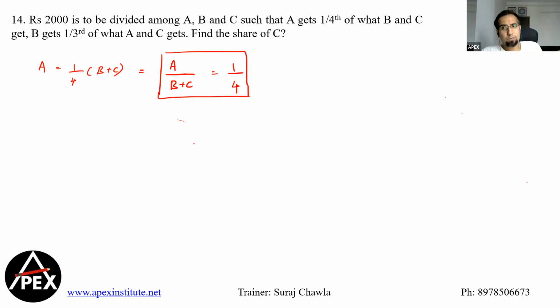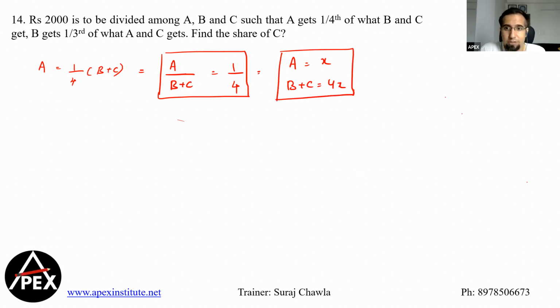Okay, guys. Now, if A by B plus C is 1:4 here, now what am I looking at? Let's see this. So if I look at it this way, can I write A is equal to X and B plus C is equal to 4X? Quick responses, guys. Yes or no, be ready with yes or no. I'll keep on asking you questions.